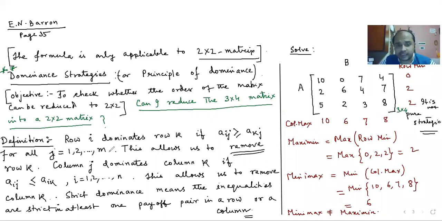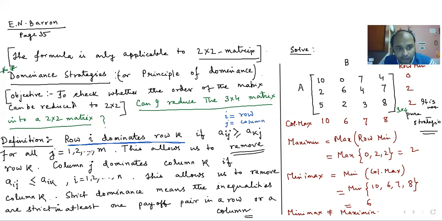You can very easily remember this definition. Row i dominates row k when, for all the columns j, Aij is greater than or equal to Akj. i denotes the row and j denotes the column.